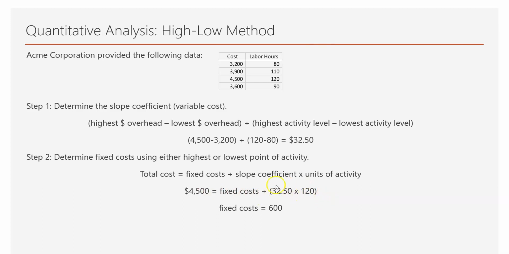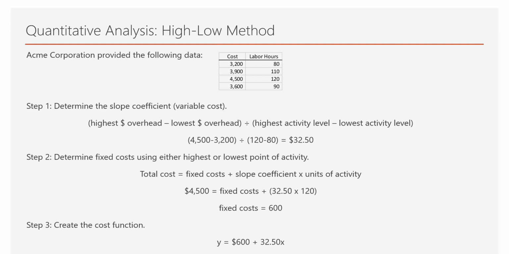When I multiply that out and subtract this amount from both sides, I've isolated the fixed cost to be $600. Now that I've got that $600 fixed cost, I can compute my cost function: Y equals 600 plus 32.50 per hour.